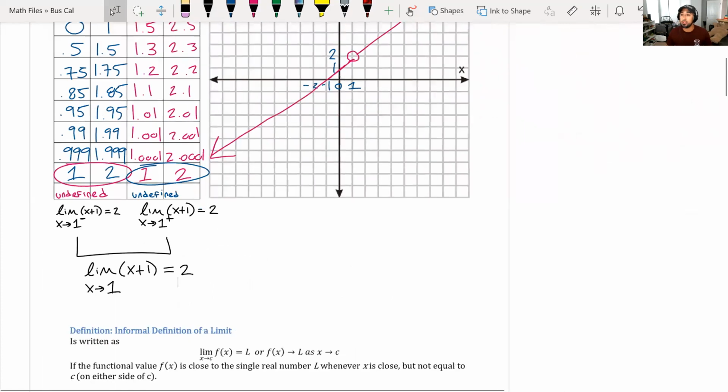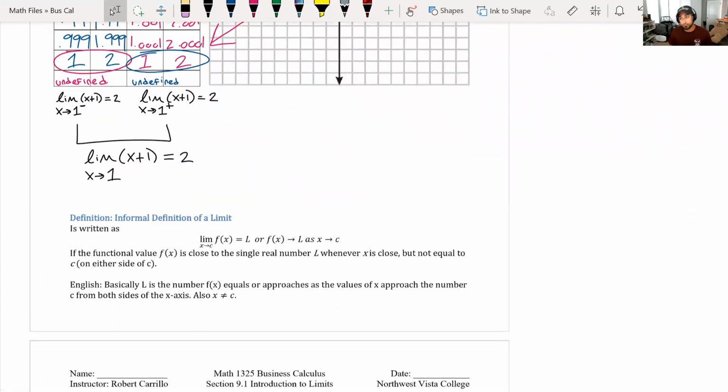And there is that definition for you below, which probably doesn't look like English to you, right? So this says the limit as x approaches some number c for the function f of x will equal some number L. That's exactly what we just did. So we said the limit as x approaches 1 of x plus 1 will equal 2.